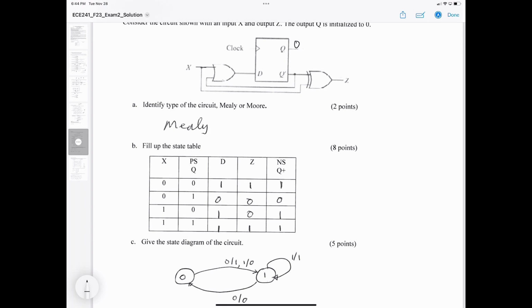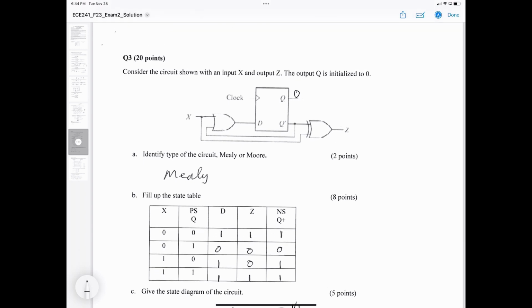So how do we fill out D? If X and Q are initially 0, and what if X is initially 0? You have a bunch of combinations of X and Q to try out.